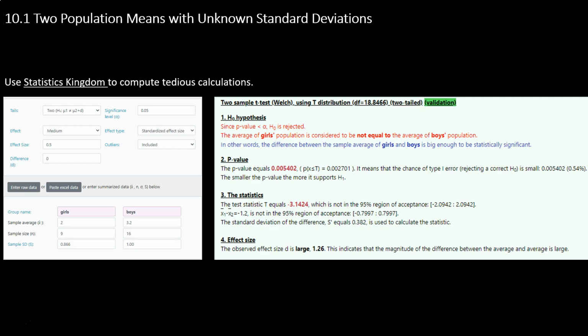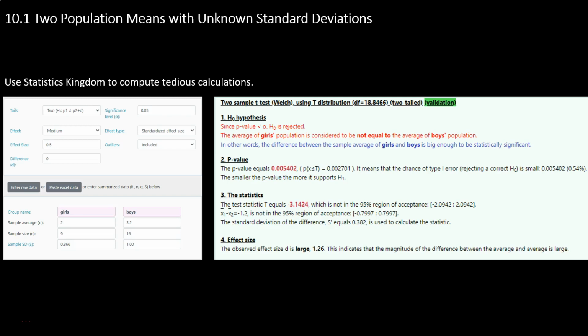And then lastly, the test statistic. It's nice to know what the test statistic is. That way we can draw a sketch to help us understand how extreme our sample data is, how far into the tail have we gone. Also, it would allow us to perform this test using the critical regions rather than the p-value method.